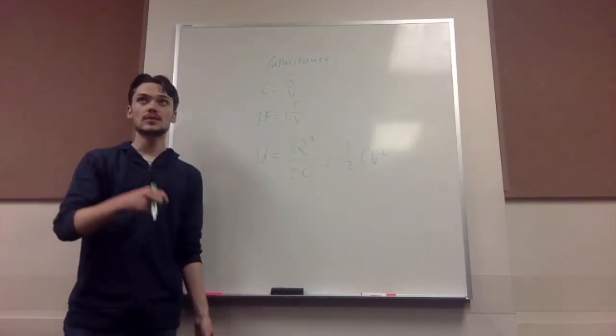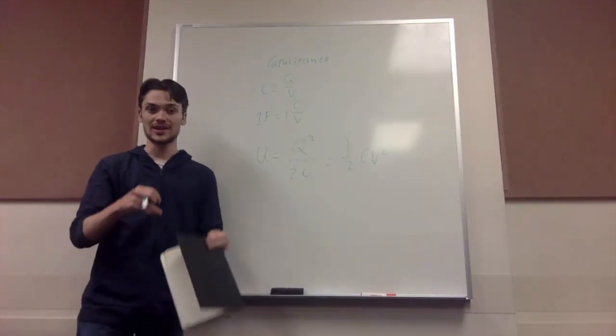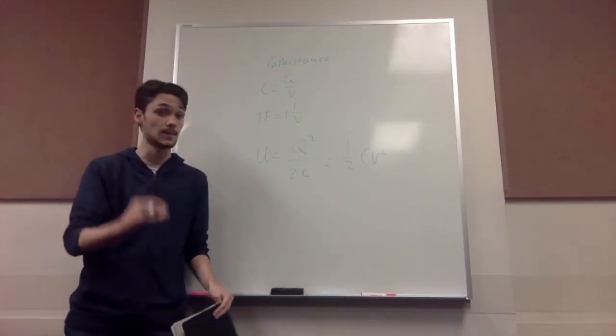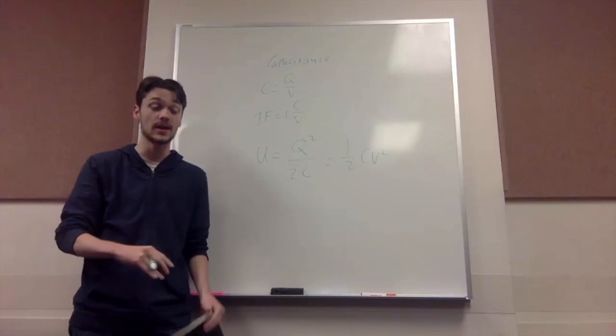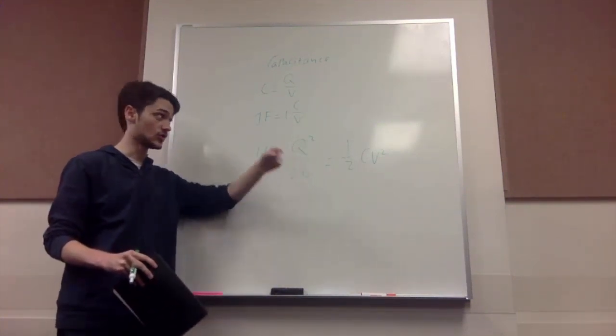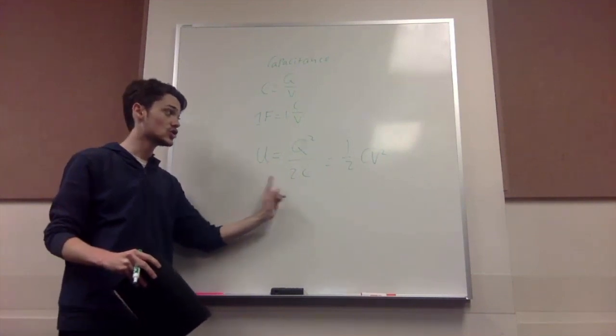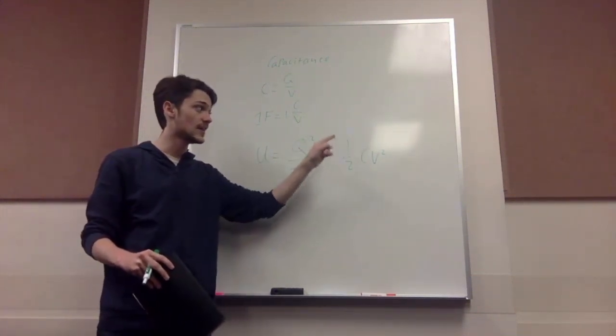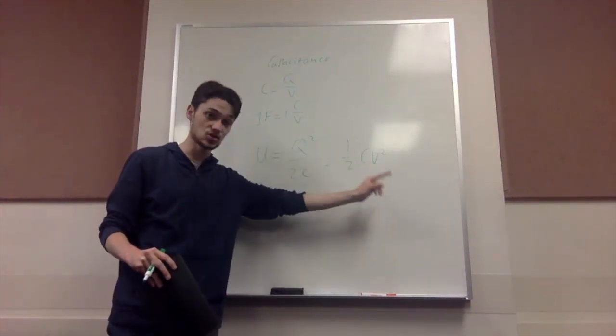The total energy being stored in a capacitor, where a capacitor is just 2 oppositely charged surfaces with some potential difference running across them, is going to be equal to the charge in those surfaces, Q squared, over 2C, or it's going to be equal to 1/2 C times the potential difference squared.